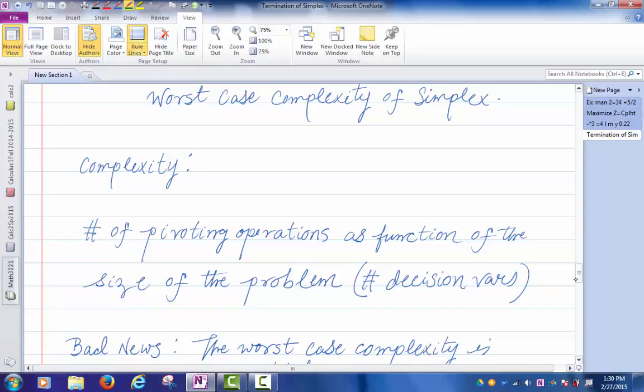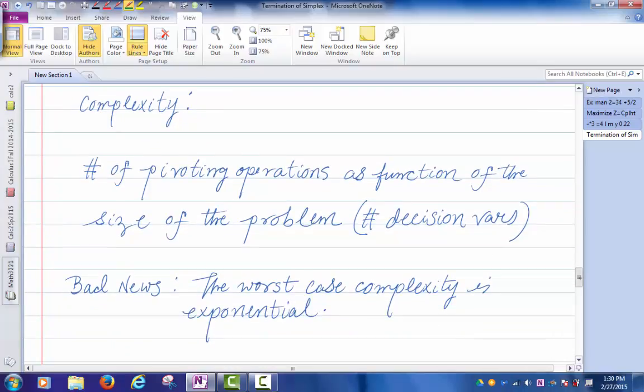So complexity means how many pivoting operations are required as a function of the number of decision variables, right? That's what I mean by the complexity. The number of pivoting operations required to get to the final dictionary as a function of the size of the problem. And the worst case complexity of simplex is exponential.